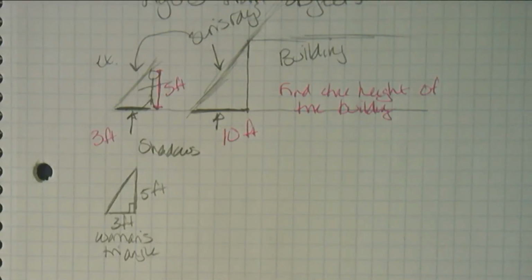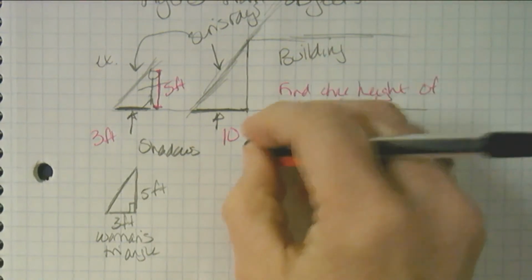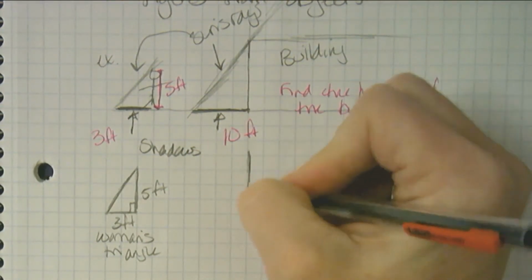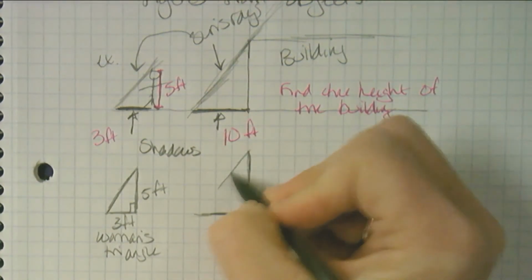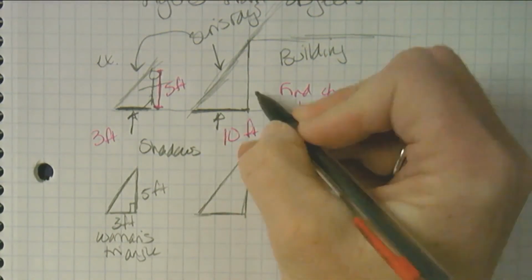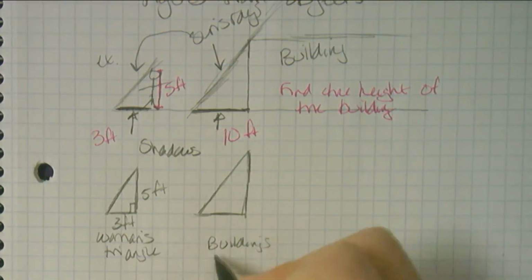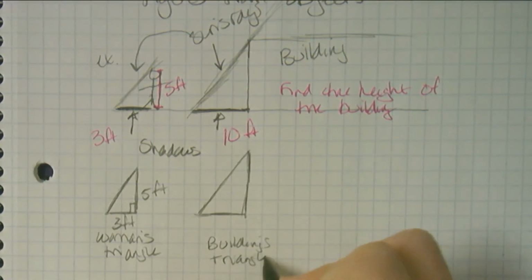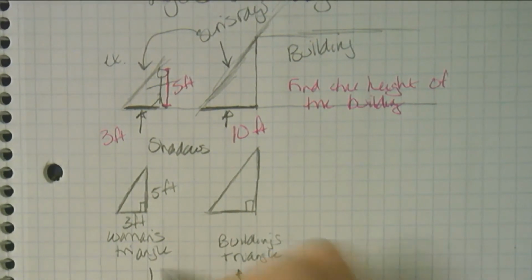So again, I've created this triangle between the building's shadow and the sun's rays. So I've created this building's triangle. All right, and these are similar triangles.